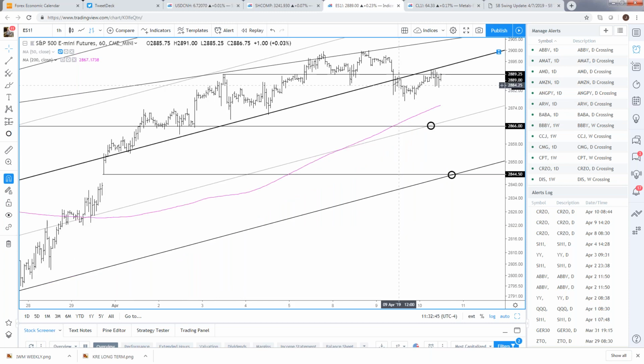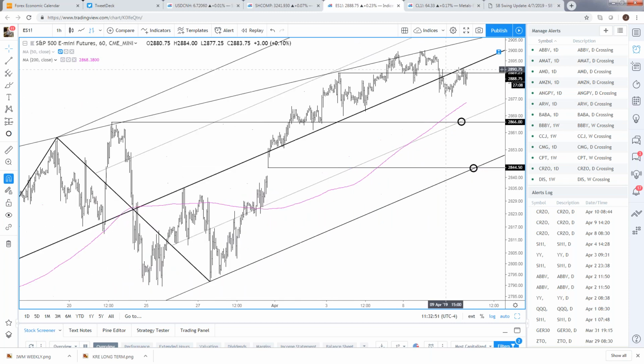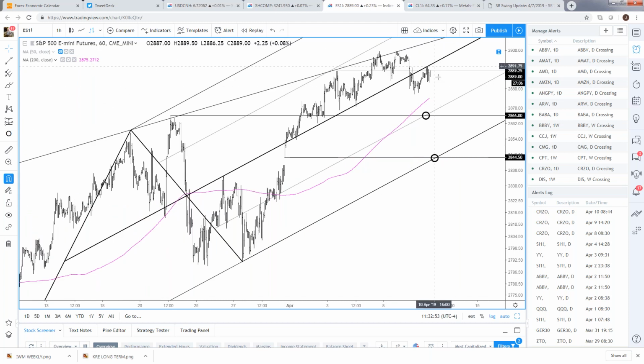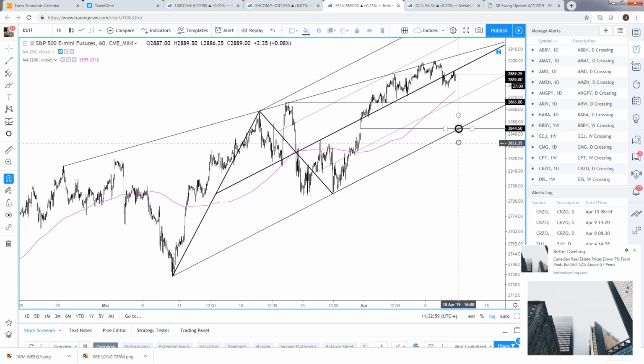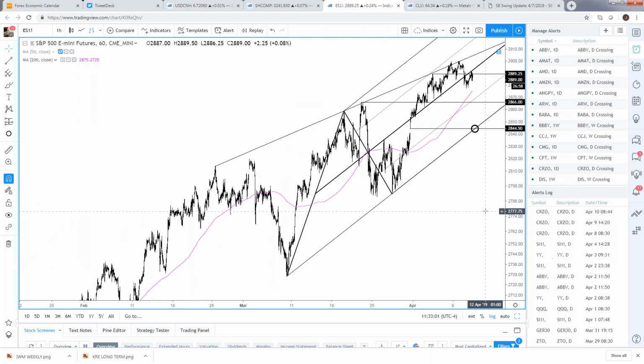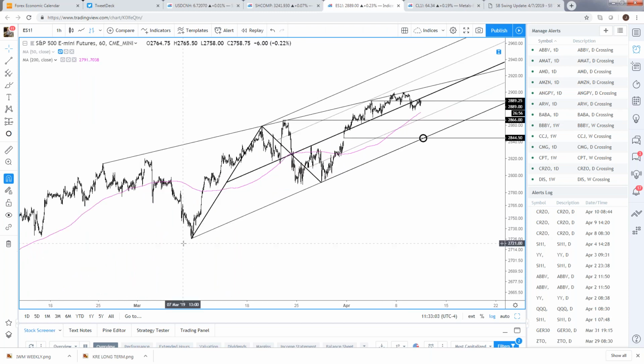As long as you're under this median line, frankly, I'm thinking you could roll over a little bit. Look, from a bigger picture perspective, let's look from down here, from the March low.